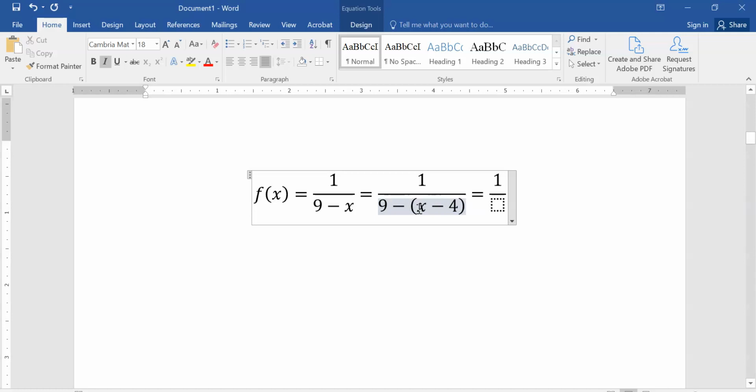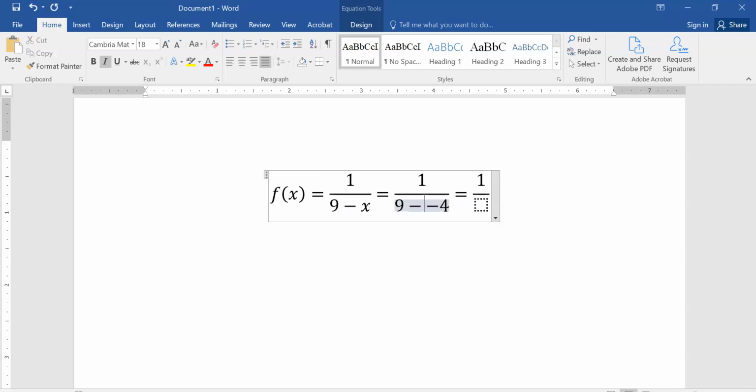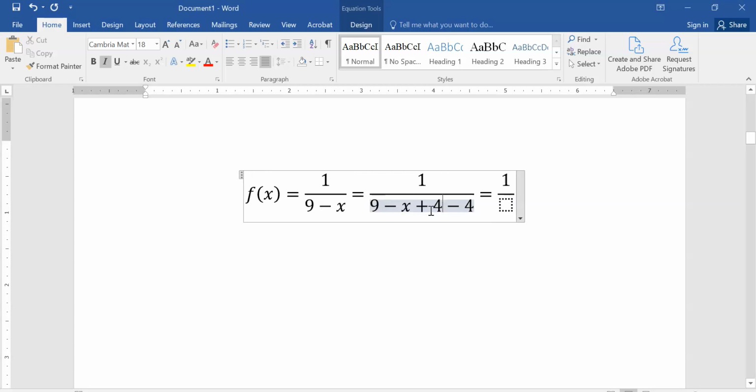If I were to distribute this in, what really happened is I added 4 to the denominator. So in order to undo that, in order to balance things out, I'm going to subtract 4 in the denominator. Hopefully that makes sense. This plus 4 is coming from distributing the minus into the x and the minus here. In other words, if I would have distributed that minus, I would have gotten minus x plus 4. Notice we've changed the denominator by a factor of adding 4.